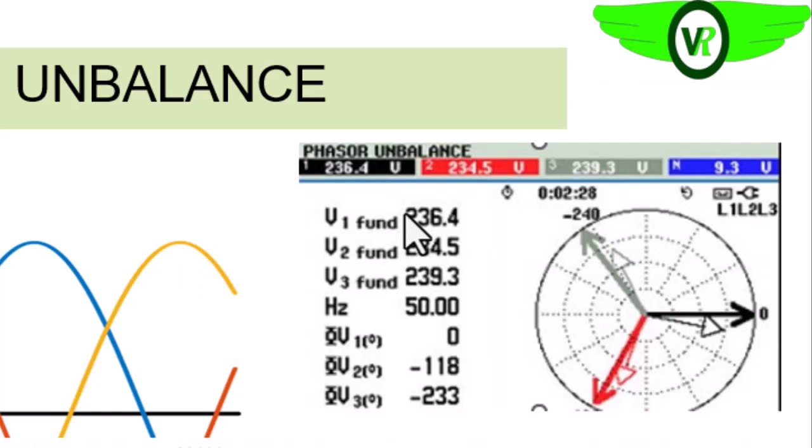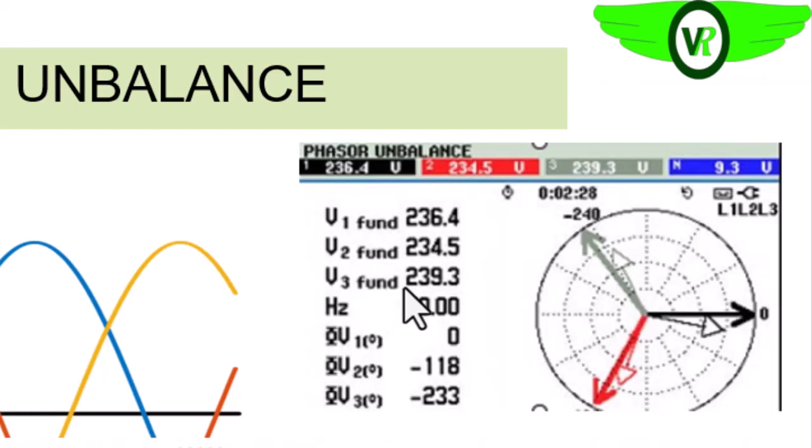Now, what is the level of imbalance in this system? To calculate the level of imbalance, as you can see, the first phase is 236.4 volts. The second phase is 234.5.